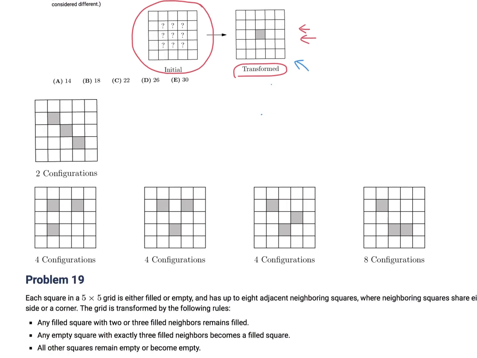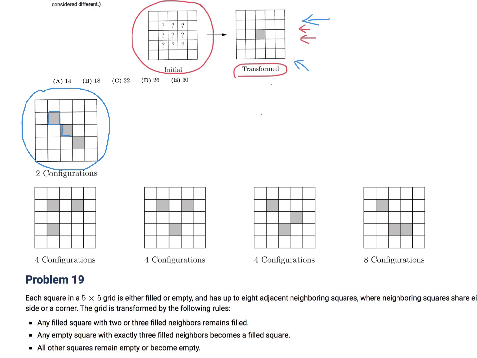All right, so let's talk about these rules. When this one right here, this guy, let's see, this one, this does not qualify in the first 2 rules. So because it doesn't qualify, it becomes empty. And therefore, it will be empty. And as you can see, it's empty up there.